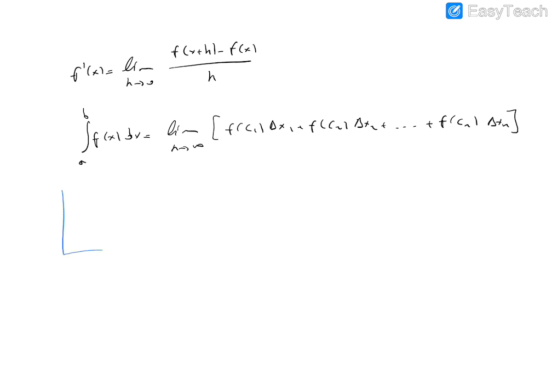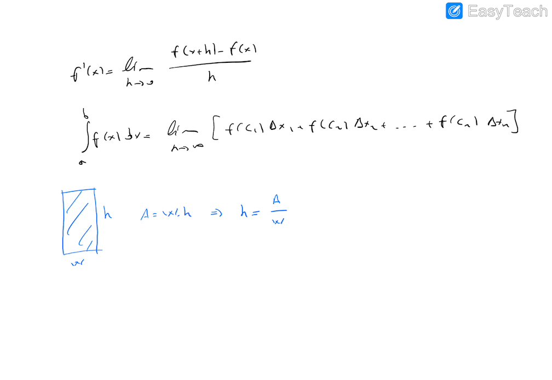For any rectangle, this is W, this is H. So the area is W times H. The height of a rectangle is then given, from here, by H equals A over W.